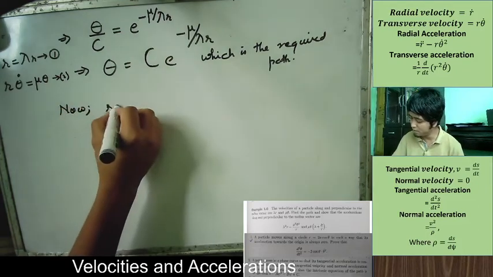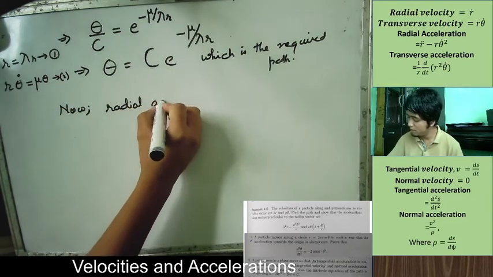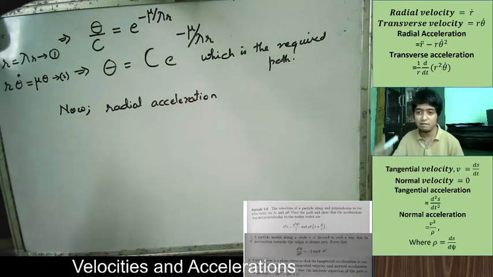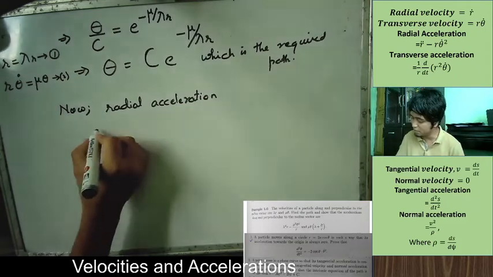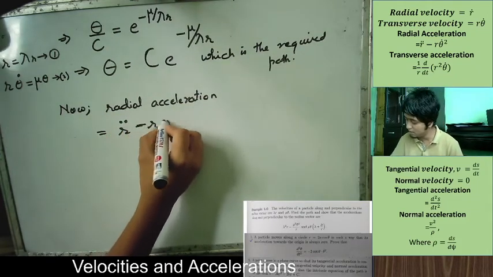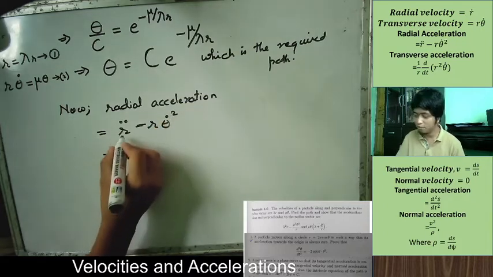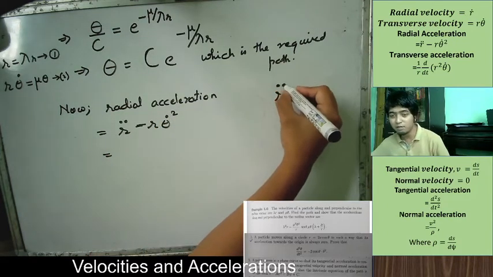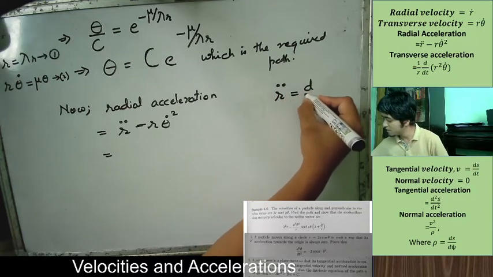Now, radial acceleration is given by the formula above, which is equal to r double dot minus r theta dot square. So r double dot can be written as d/dt of r dot.